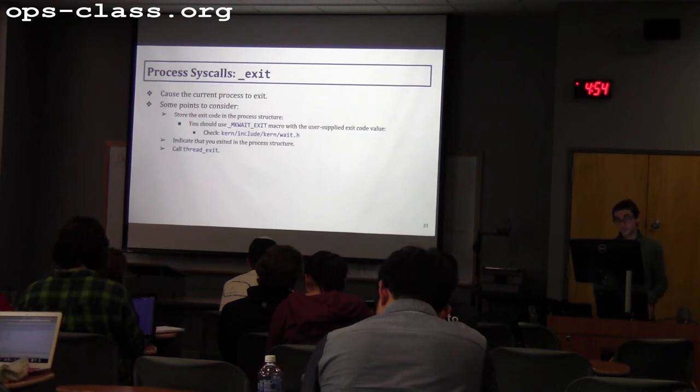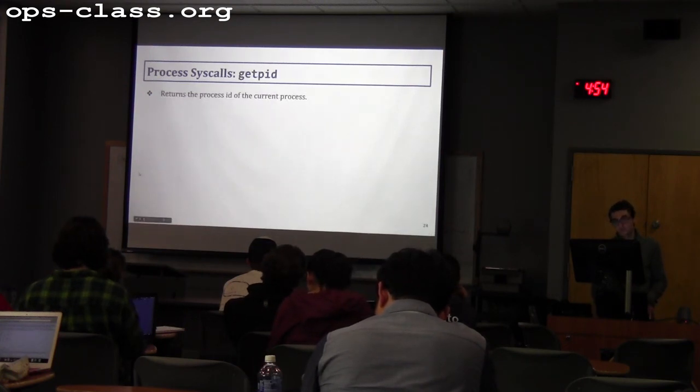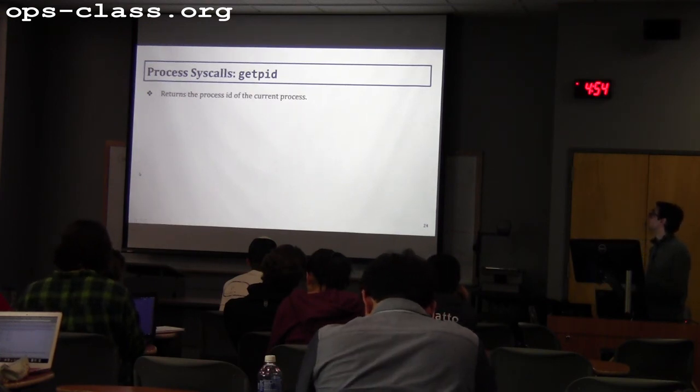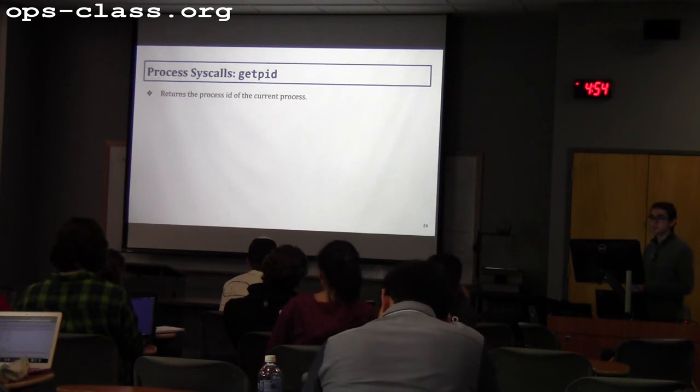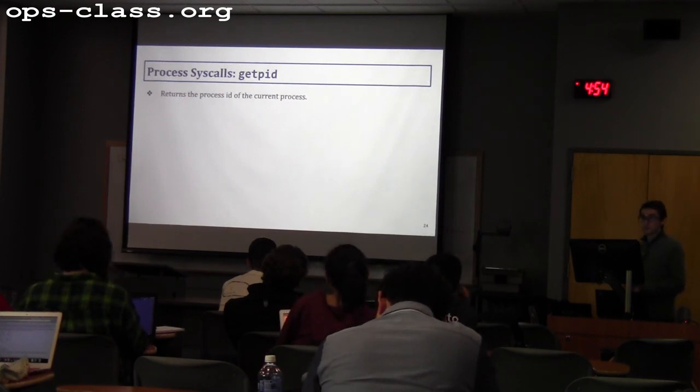Once you're done with this, you call thread exit, and it should handle the rest. Getpid is the last syscall. Getpid basically returns the process ID to the calling process.